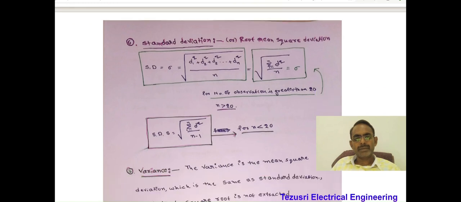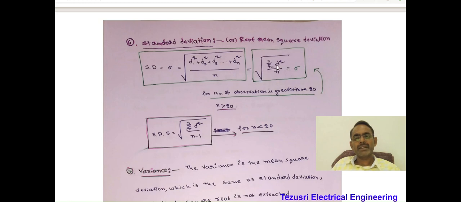Next, the important term and frequently asked question in exams, standard deviation or root mean square deviation. Standard deviation sigma equals square root of d1 square plus d2 square plus d3 square plus dn square, divided by number of samples.